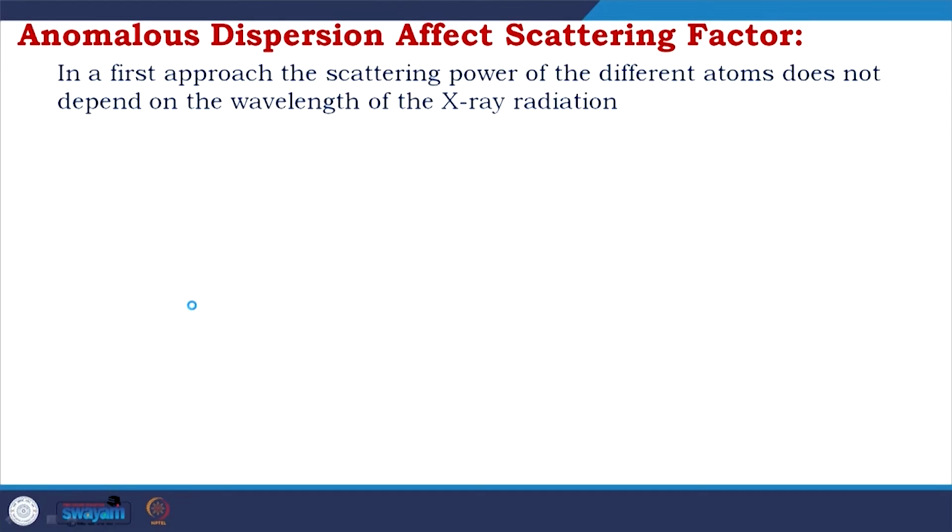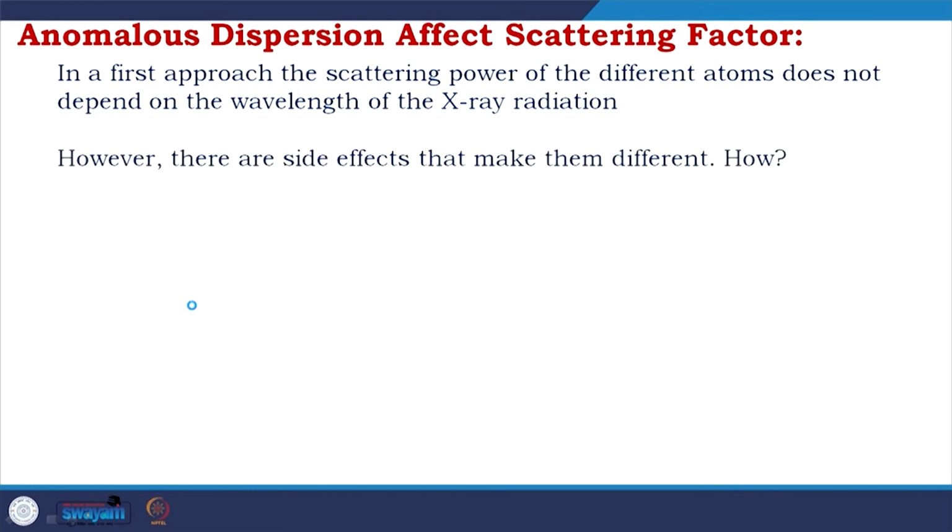I would talk about the detailed mathematics again in the next class, but now we will talk about a different thing, which is anomalous dispersion, which affects the scattering factor. In a first approach, the scattering power of the different atoms does not depend on the wavelength of the X-ray radiation. However, there are side effects that make them different. How?